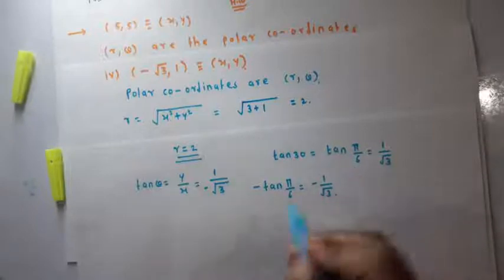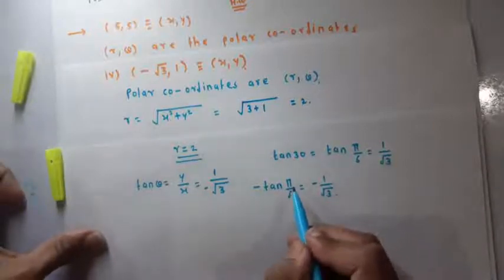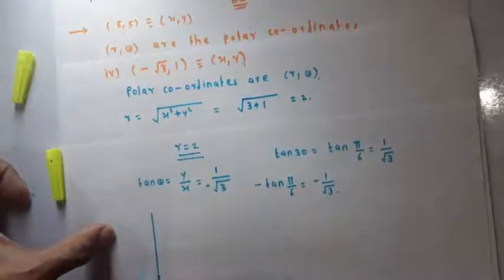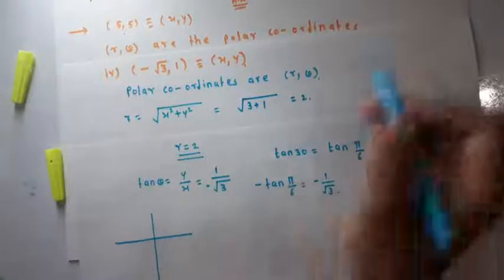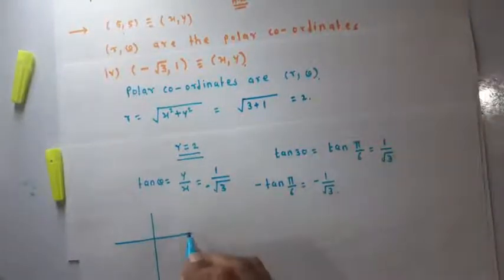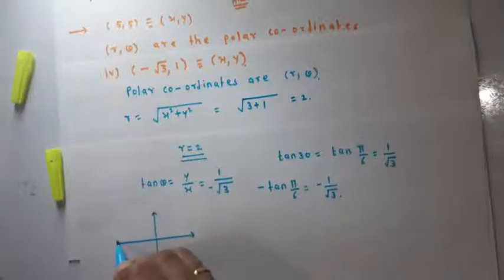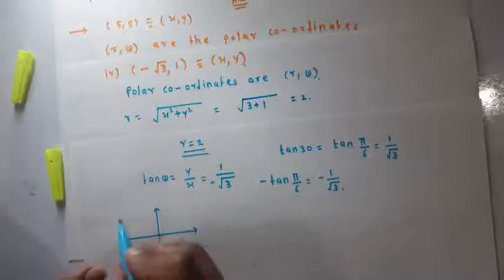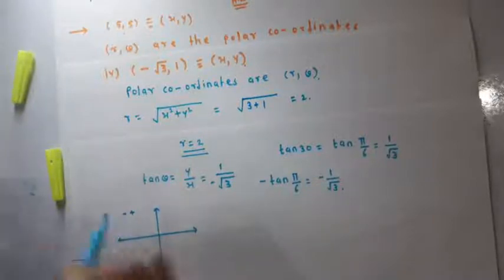So let us find out theta here. Actually theta is not pi by 6, because see students, the coordinates are minus root 3 and 1, which means the x coordinate is negative and the y coordinate is positive, so it lies in the second quadrant.